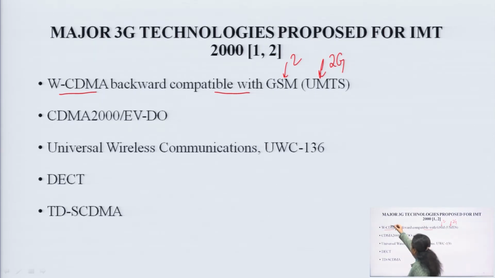So, with this WCDMA, there is no such difference between second generation and third generation, only the way the modulation takes place. In this, no carrier signal is required, only the signal will travel from the base station to the mobile switching center, MSC, GMSC. So, this is the way.